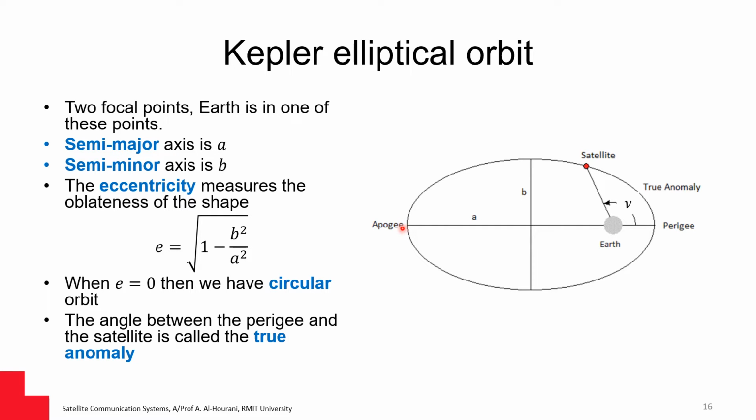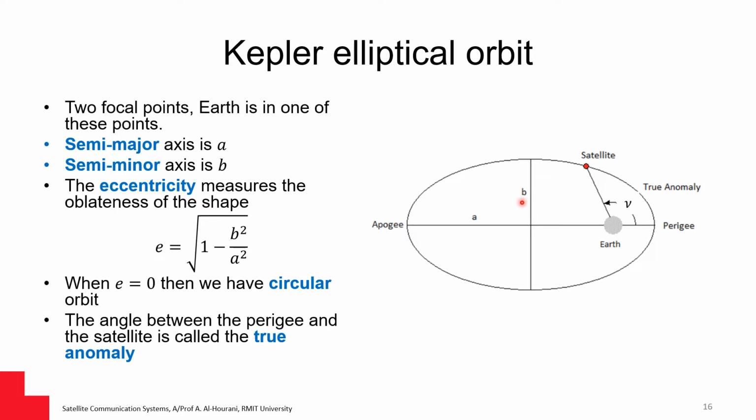Note also that an ellipse has two semi-axes. One axis, called the semi-major axis, denoted as A, is the distance between the center and the apogee, or the center and the furthest point in the ellipse. And the distance between the center and the closest point of the ellipse, we call the semi-minor axis, and it's usually denoted as B.